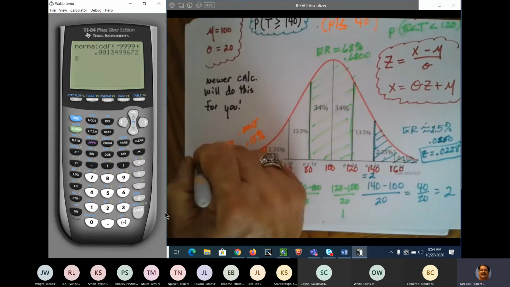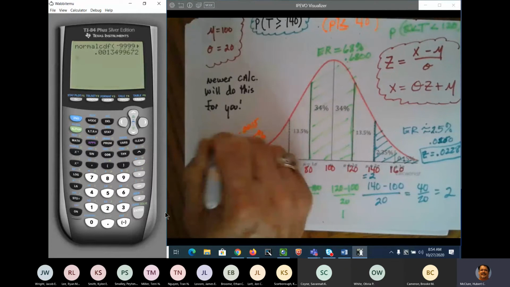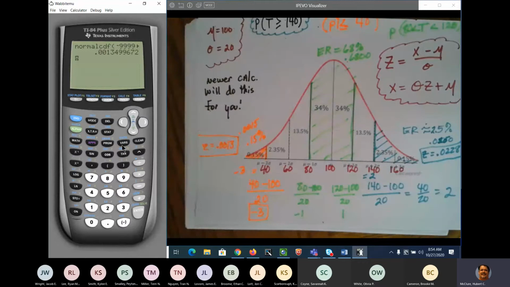0.0013 by z-score. Now we're going to check it with a newer calculator. With the newer calculator, you don't have to calculate the z-score. You just go in there and change the mean and standard deviation.